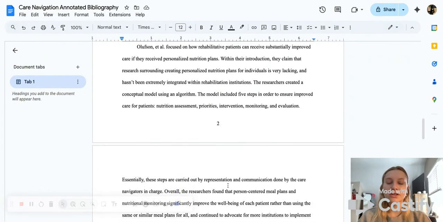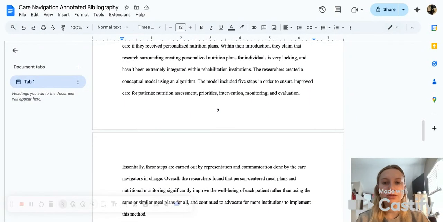And so they focused more specifically on how the rehabilitative patients can receive substantially improved care if they receive these personalized nutrition plans, which we have already explored within the first two. I would say that the first two articles, though, focused more on the tracking devices themselves, especially in the context of other diseases or health issues that one might have. This one is a lot more pertinent to just nutrition.